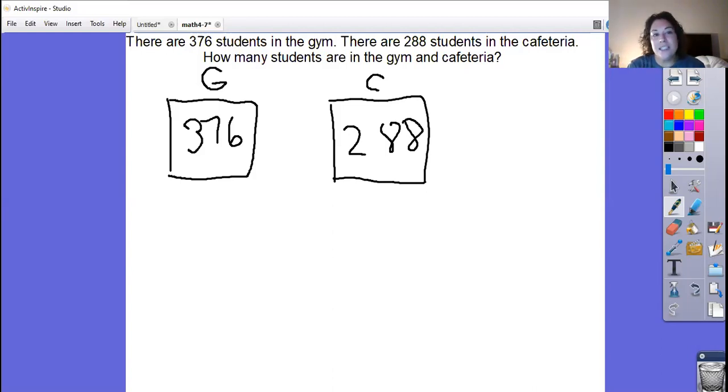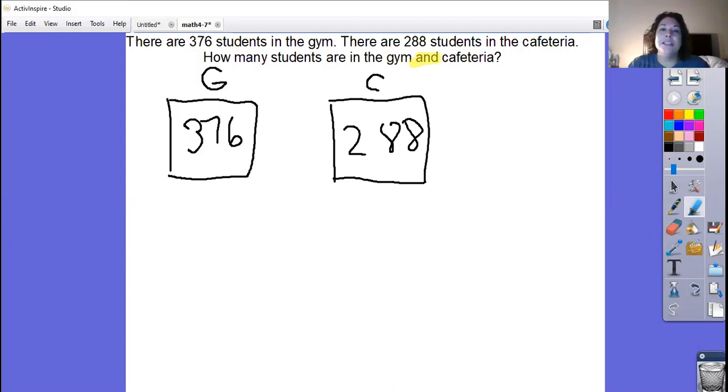Now the question is asking me, how many students are in the gym and cafeteria? And I see an important word in here that helps me to solve. That word is "and." When I see the word "and" between two things, like the gym and the cafeteria, or boys and girls, or Miss Austin ate cookies and cupcakes, that "and" word is a joining word.